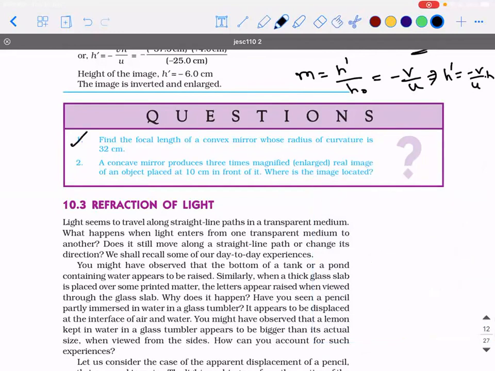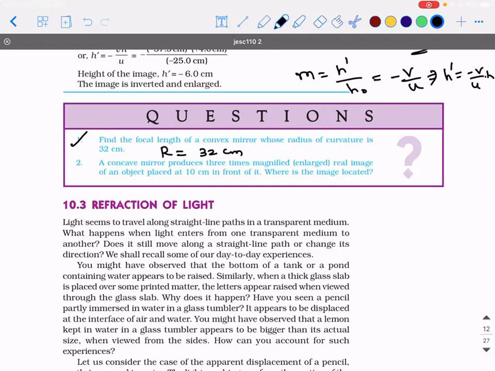Next. Find the focal length of a convex mirror whose radius of curvature is 32. So for a convex mirror, is the radius of curvature positive or negative, guys? Sir, negative.